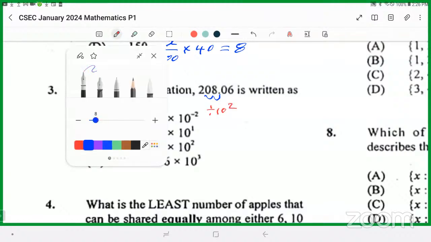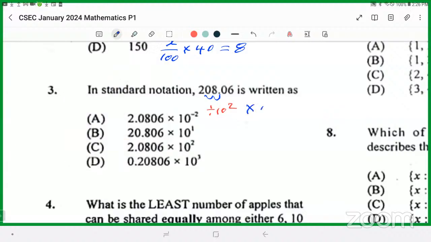And then to balance that division, we have to multiply by 10 squared back. And so it will become 2.0806 times 10 squared. We know that is a 10 squared number because this is in the hundreds. So the answer is right here.